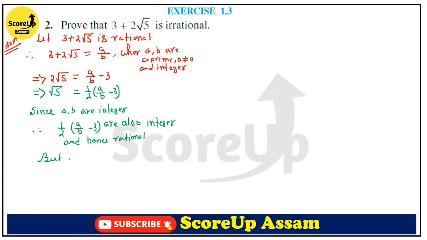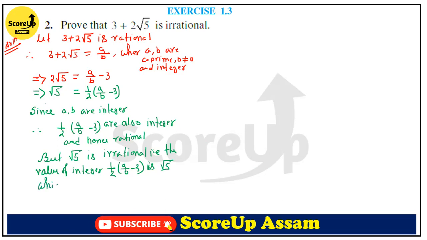But root over 5 is irrational. Therefore, the value of integer 1 by 2 into a by b minus 3 is root over 5, which is irrational.